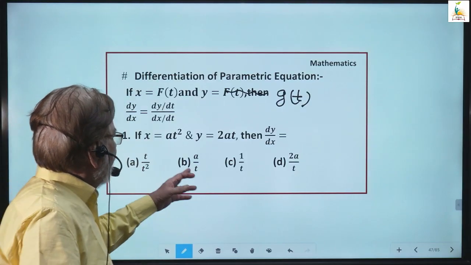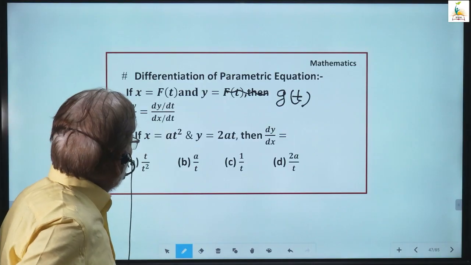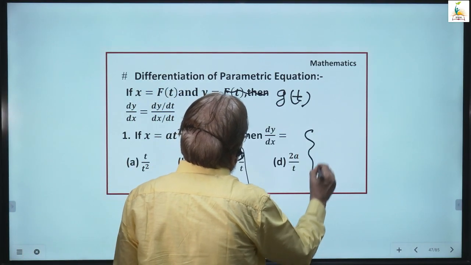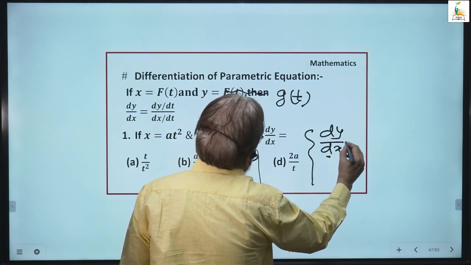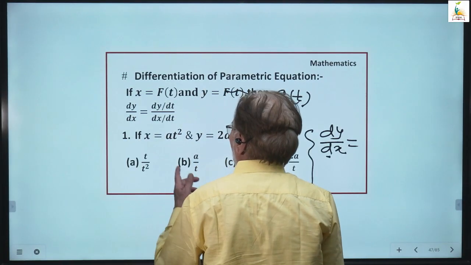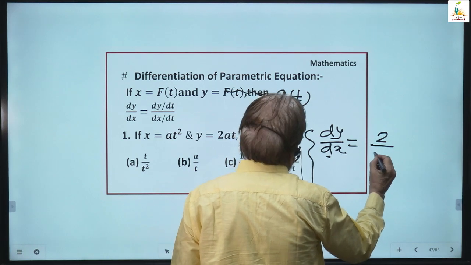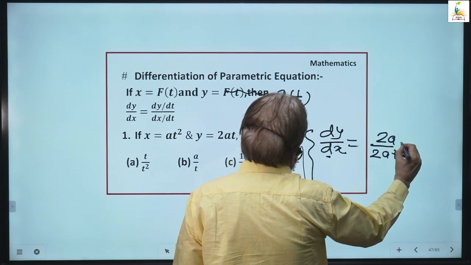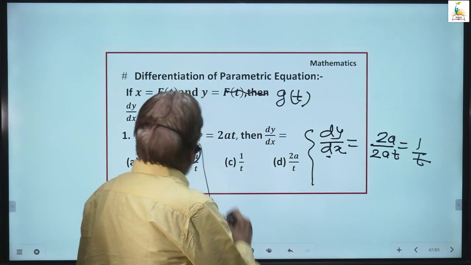If I differentiate it, dy upon dx will be equal to dy upon dt upon dx upon dt, which is 2a upon 2at. So the answer will be 1 upon t. So this is the answer.